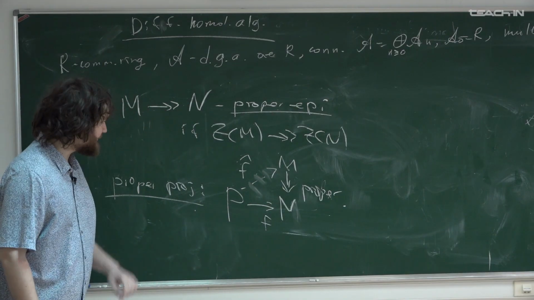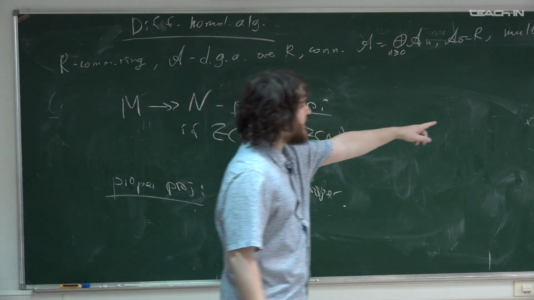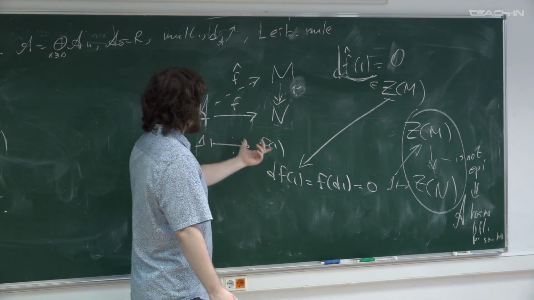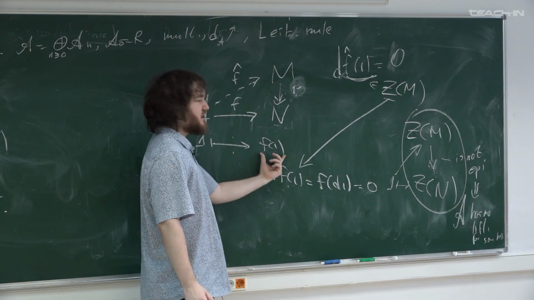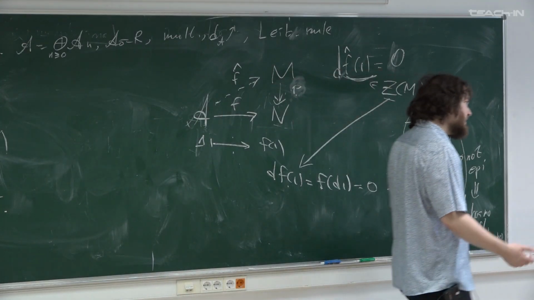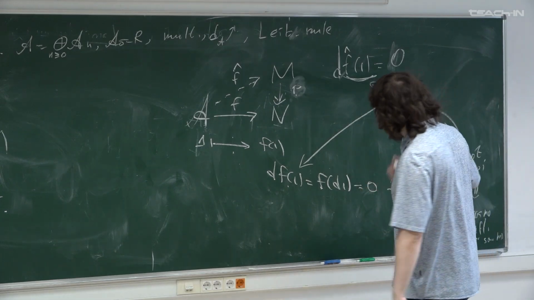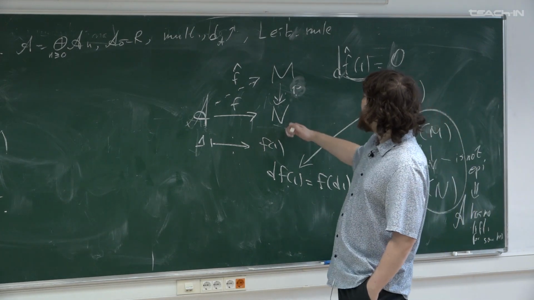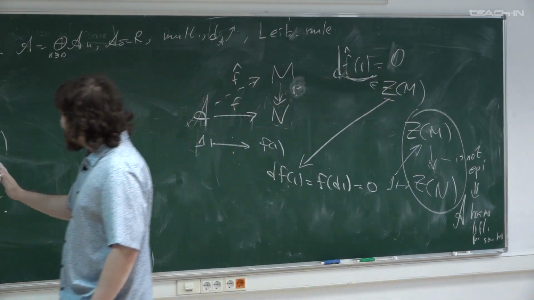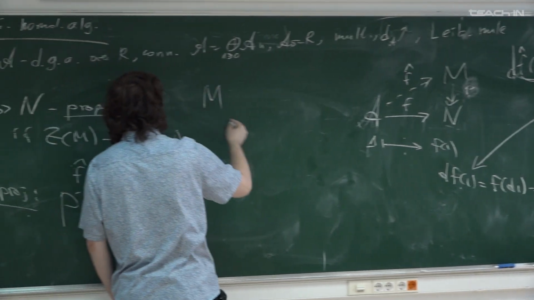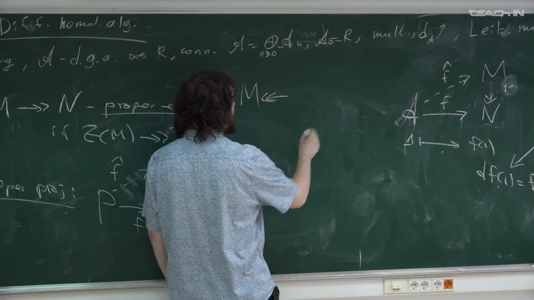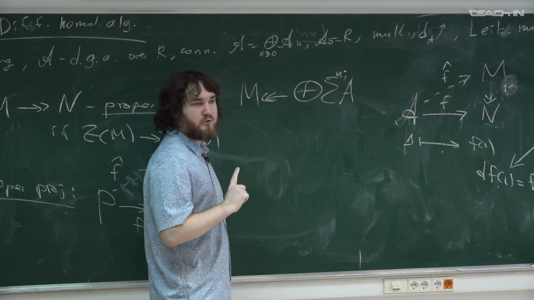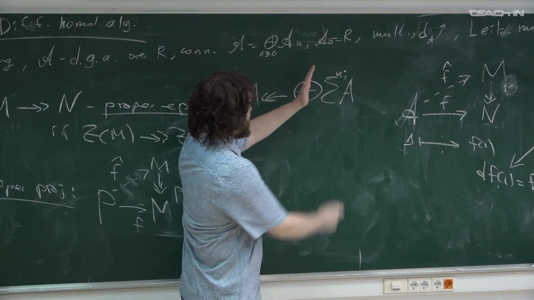For example, from this we obtain that any free module is proper projective, because you only need lifting for cycles. But it's also not true that any differential module has an epimorphism from a free module as a differential module, a direct sum of differentials.